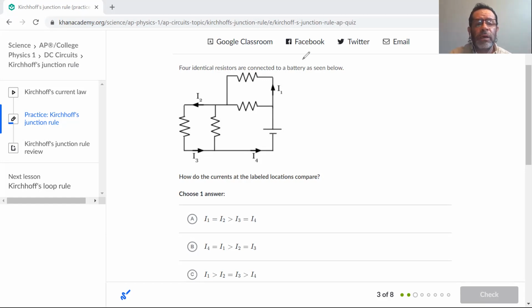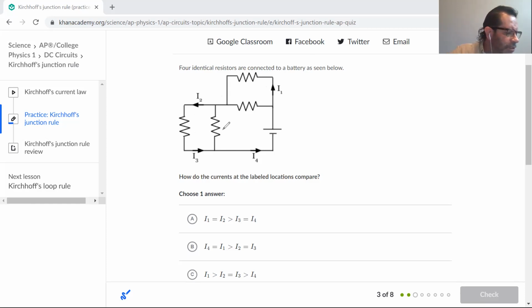Okay, so what assumptions can we make here in the circuit that might be useful to know? Anybody? Anything that we can identify clearly here?